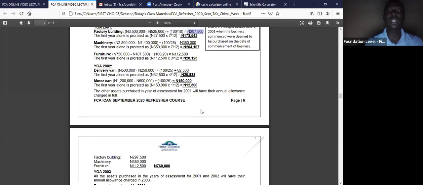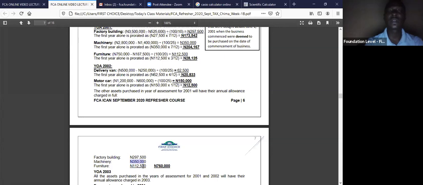If you look at what I did here, it's this same figure we are supposed to prorate, but we are not prorating them in year 2. That's this. Then you bring this same figure, which you got as your annual allowance before prorating, and that's it here. And you bring this figure.